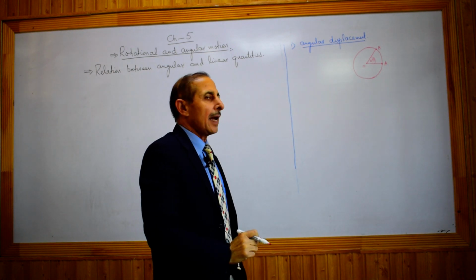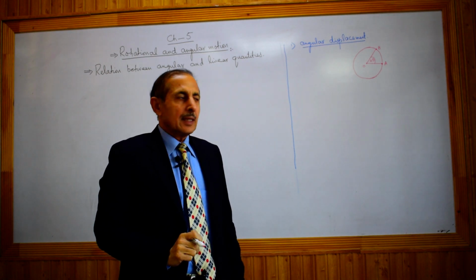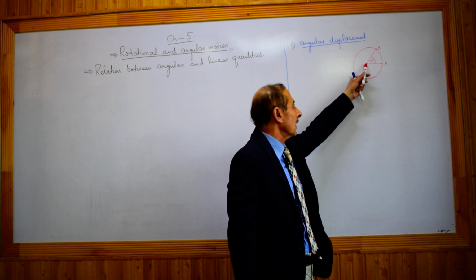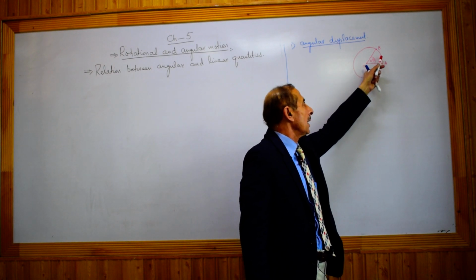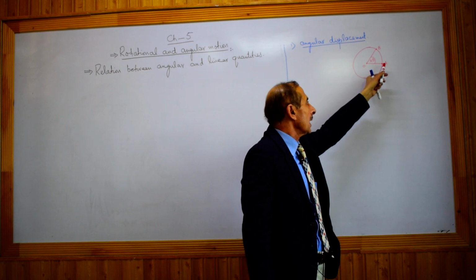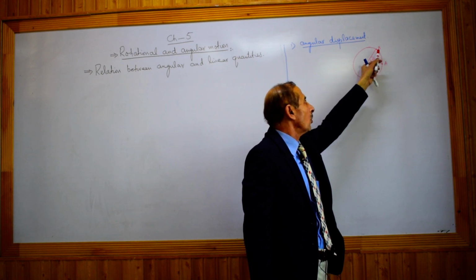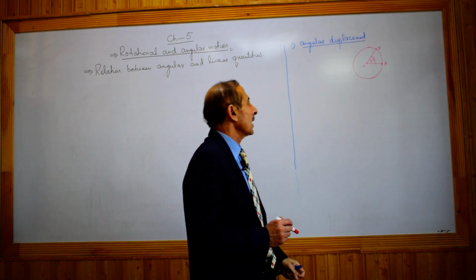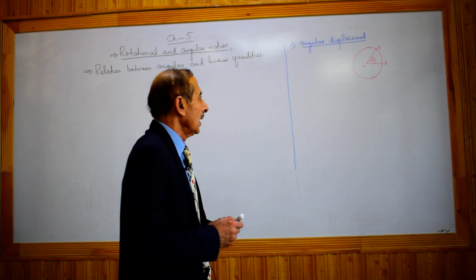So theta is the angular displacement. Theta is the angle subtended at the center of the circle by an arc AB when a body is moving from point A to point B along a circular path. So this theta is known as angular displacement.